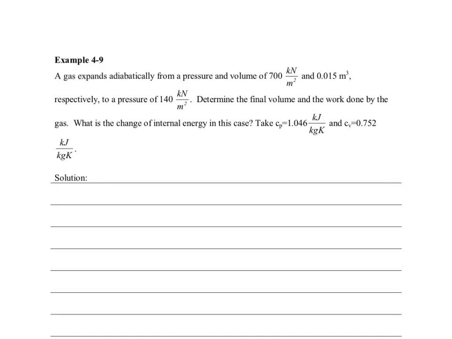Firstly, we need to see how we calculate gamma. So gamma is the ratio of specific heats, Cp over Cv.